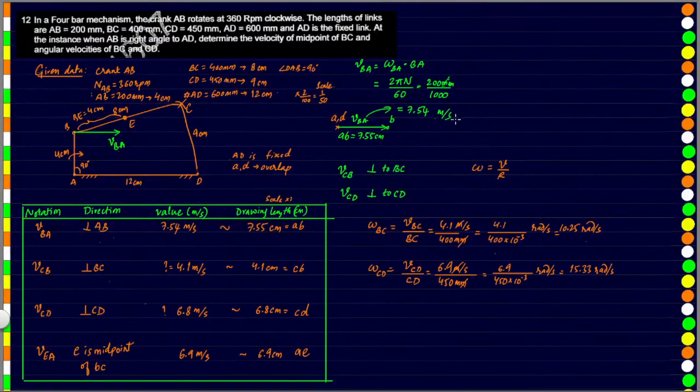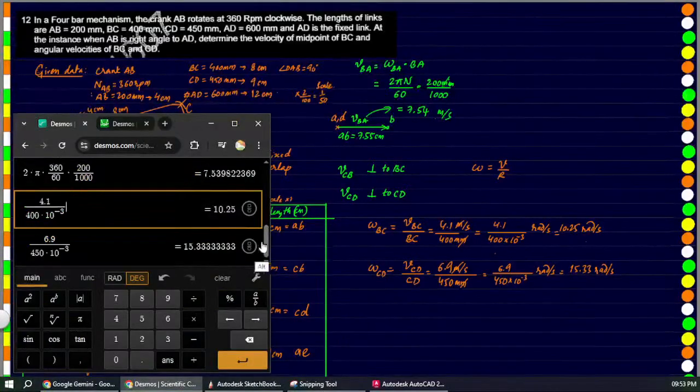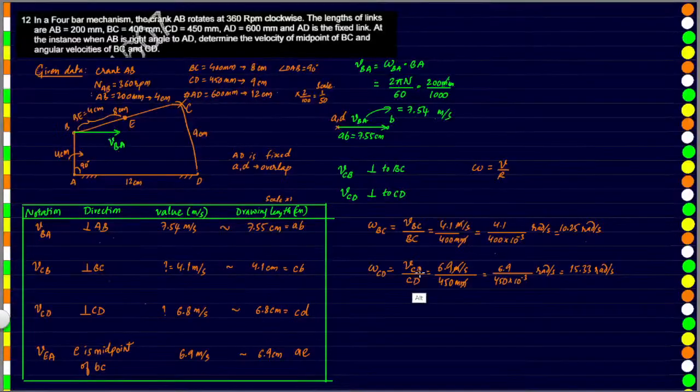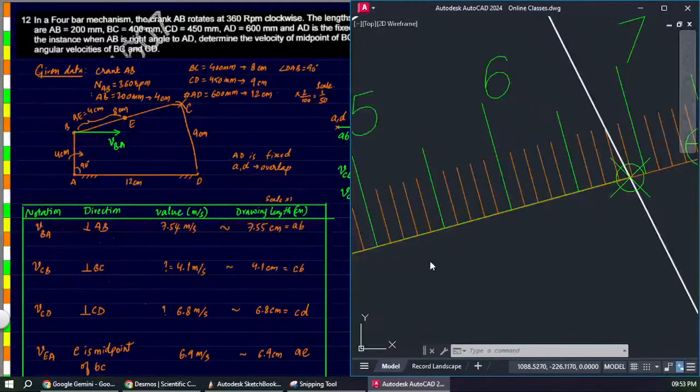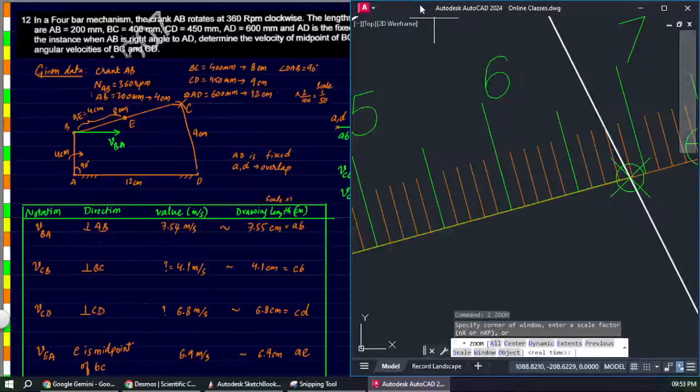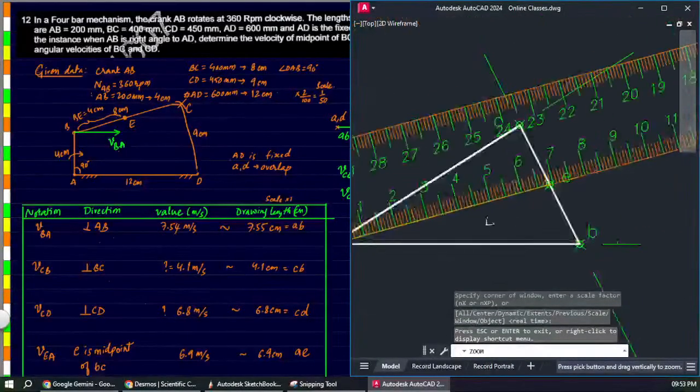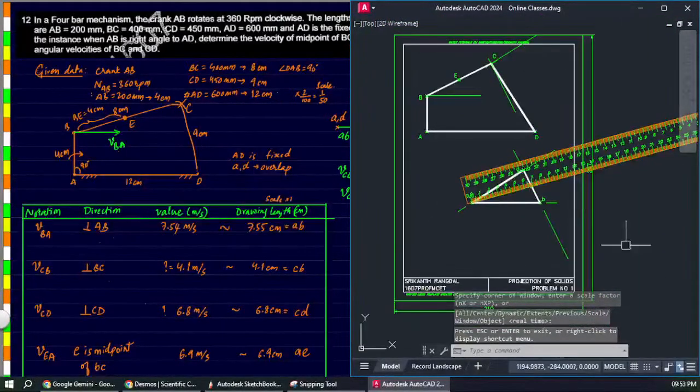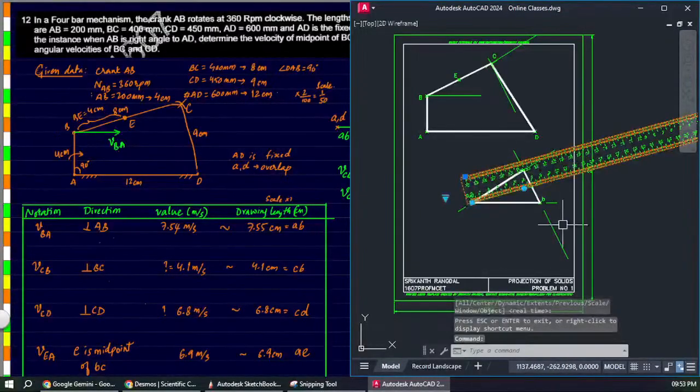Part of it will be calculation, and part of it will need to be done exactly as per the drawing. Like this we'll have to draw it exactly using the drawing instruments.